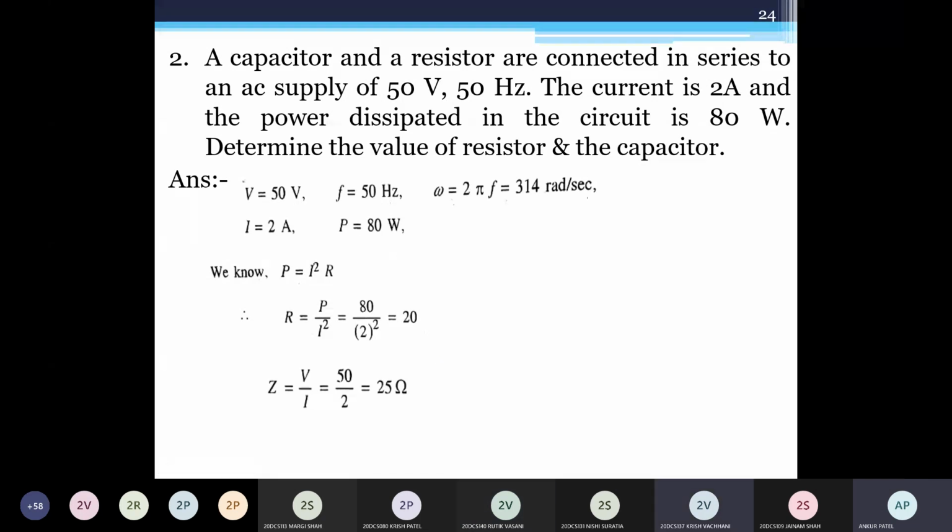R square plus XC square equals Z square. Or I can write XC is equal to under root of Z square minus R square. So it is 15 ohm. Tell me the capacitor value.